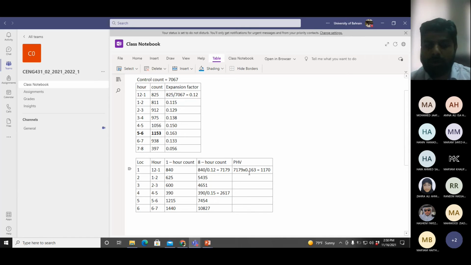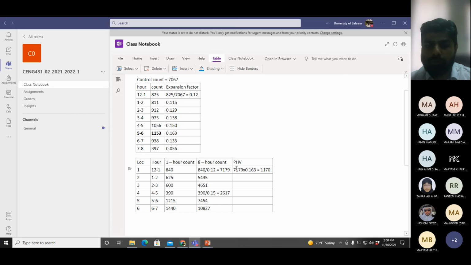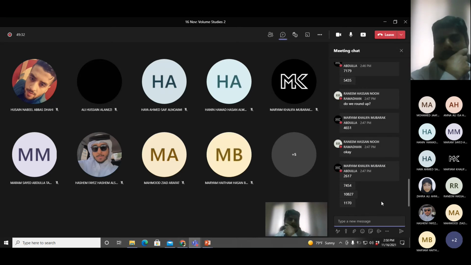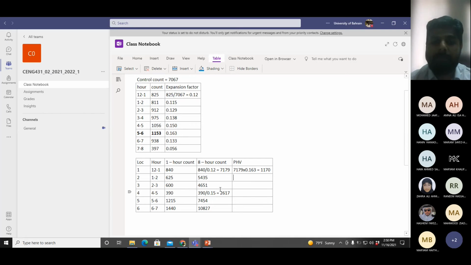Now when you go for the next location, what will change? The factor or the total or both? I'm multiplying two things here, right? The factor and the total volume. Should I change both of them or one of them? If one of them, then which one? Volume only, because we are still talking about the same hour.